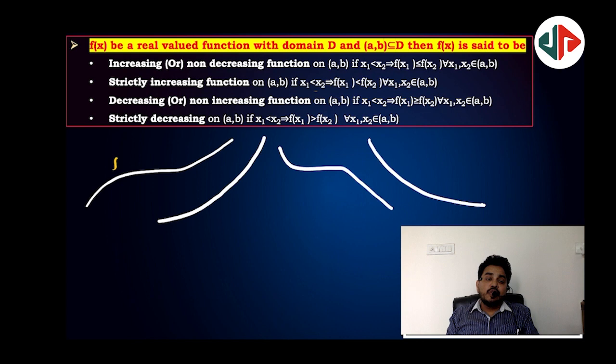Most of the times useful cases: f dash of x greater than or equal to 0, f dash of x greater than 0, f dash of x less than or equal to 0, f dash of x less than 0.